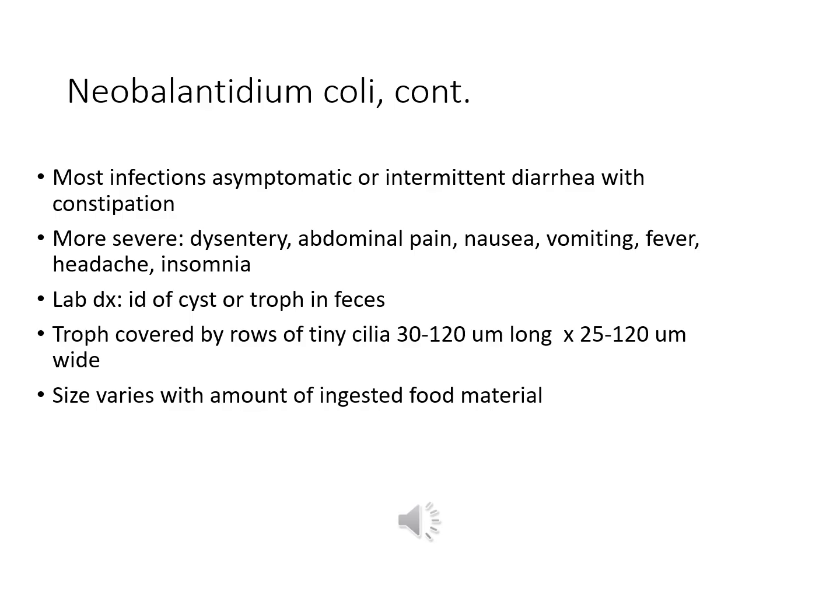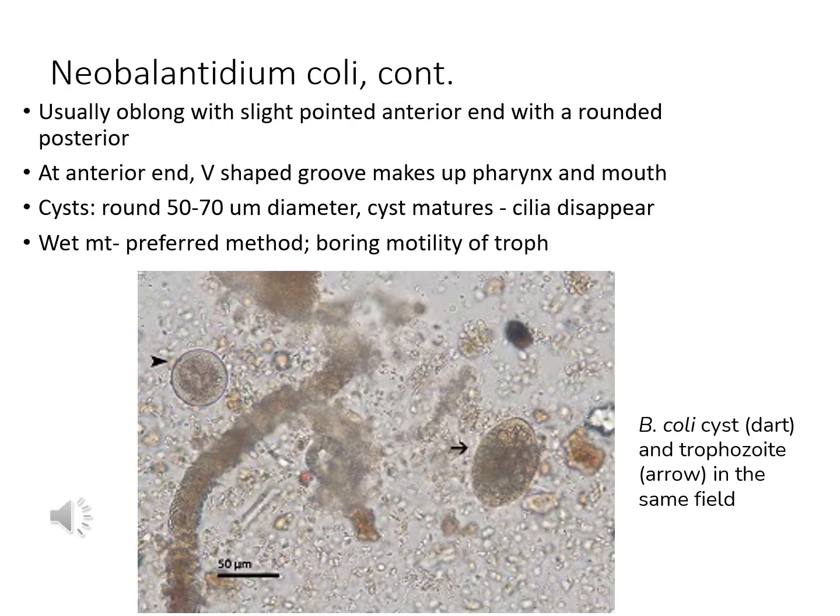The troph will be covered with rows of tiny cilia, 30 to 120 micrometers long, and 25 to 120 micrometers wide. Size will vary based on how much was ingested within the food material. It is usually oblong with a slightly pointed anterior end and a rounded posterior.